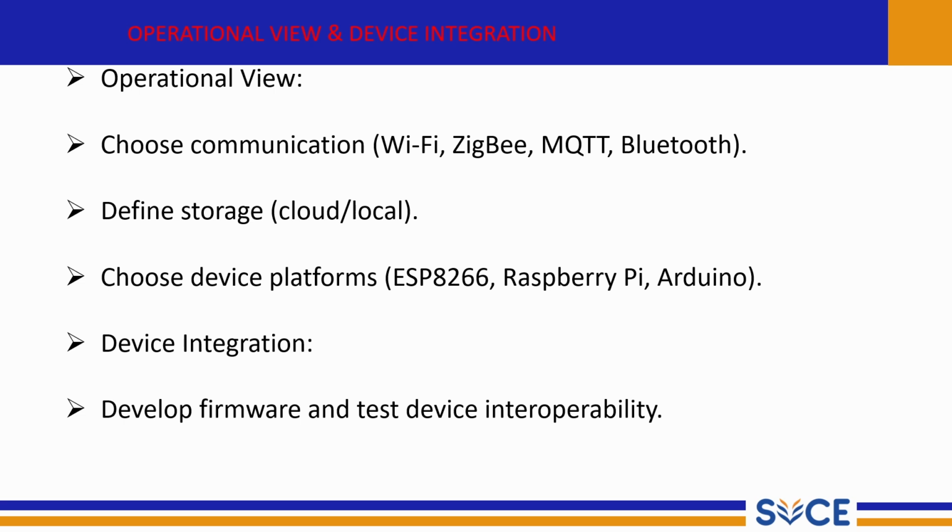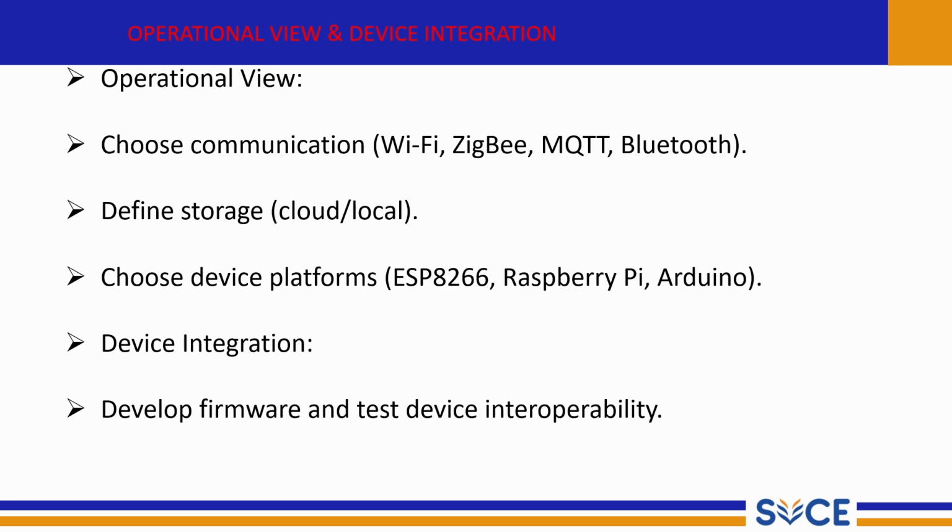Why does it come after the IoT level specification? After defining the IoT level, we have to organize the internal functions into blocks for a clear understanding. For example, a sensor sends the data to the gateway. The gateway sends the data to the cloud analytics. From the cloud, the data can be shared in the mobile app. That is called the operational view and device integration.